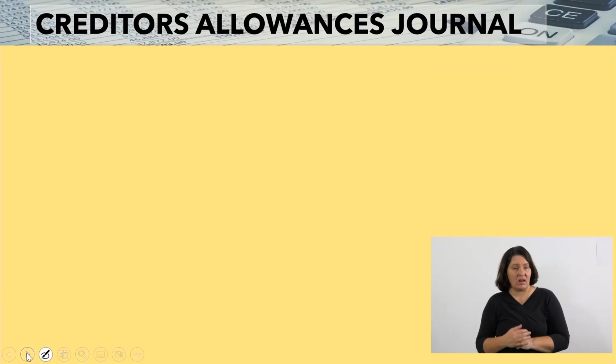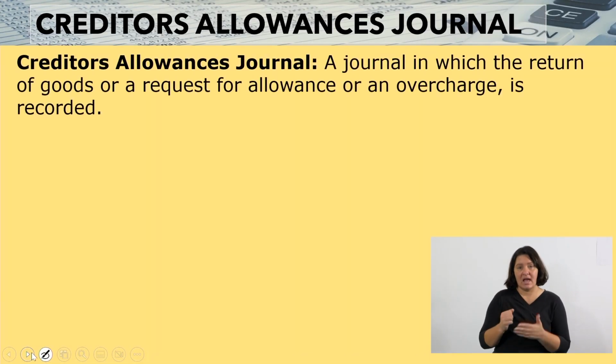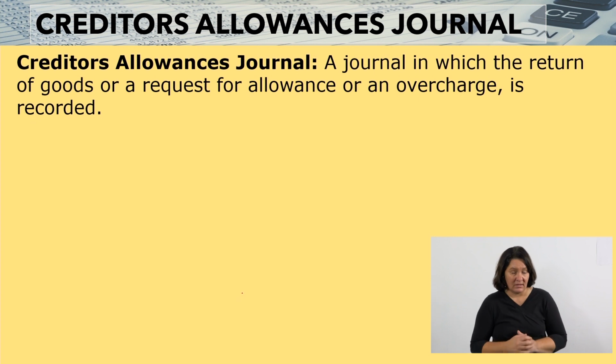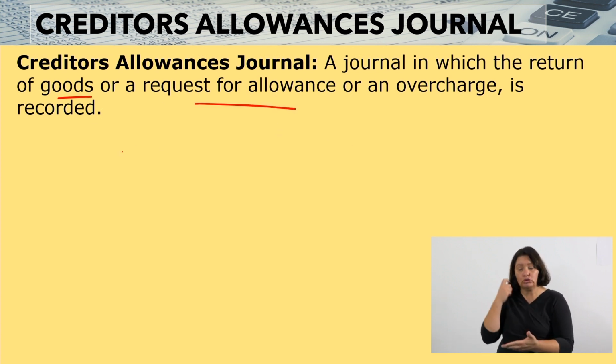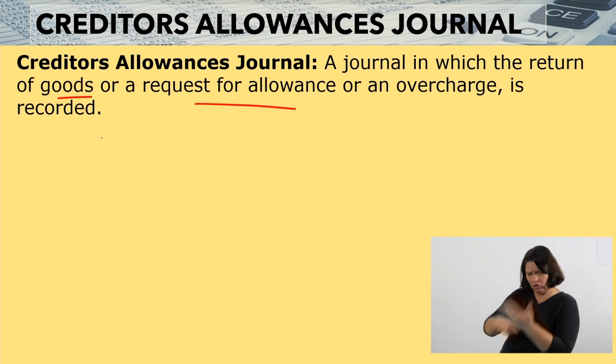Let us look at the next journal. The next journal, therefore, is the creditors allowances journal. This is a journal in which the return of goods or a request for an allowance or an overcharge is recorded. It is very possible that our suppliers can supply us with goods that are defective, damaged, or the wrong color.